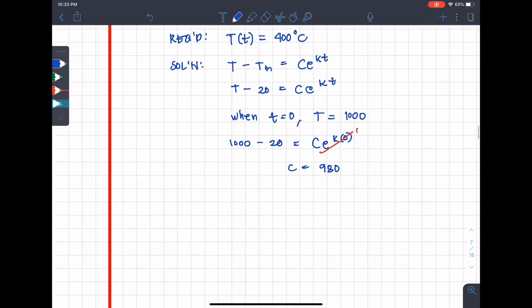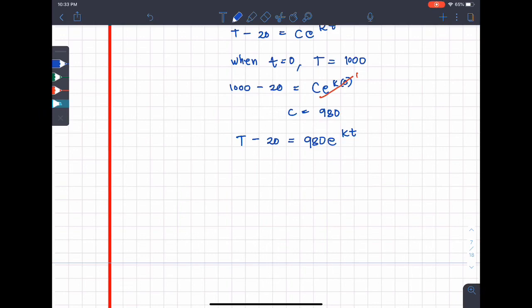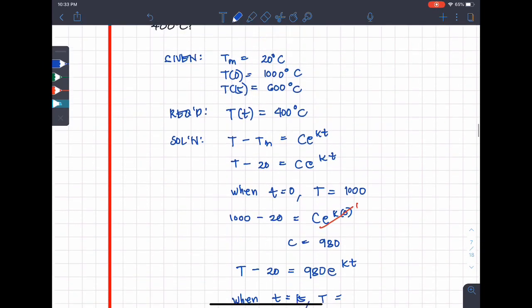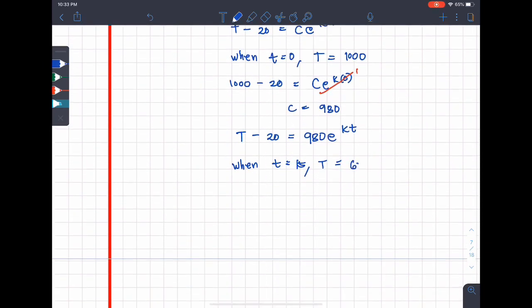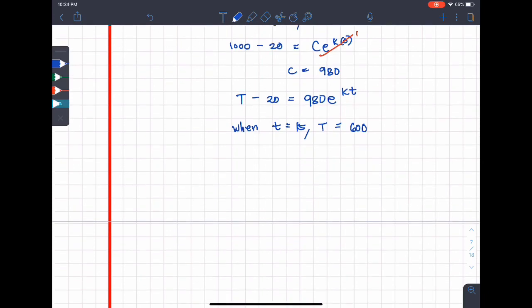So T minus 20 would be equal to 980 e^(kt). And then again, after 15 seconds, T drops down to 600. So 600 minus 20 is equal to 980 e^(15k), the time is 15.